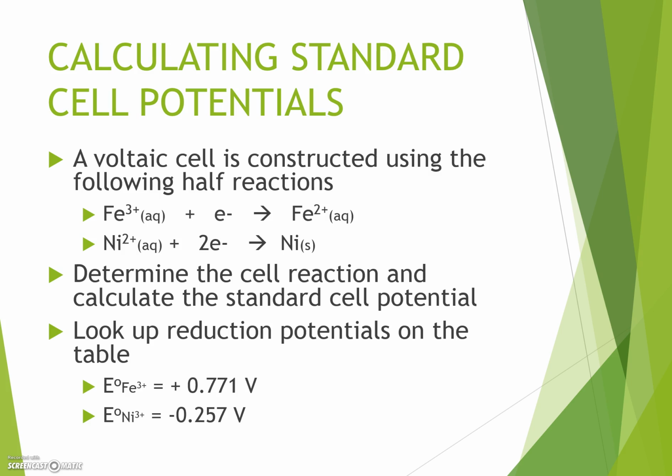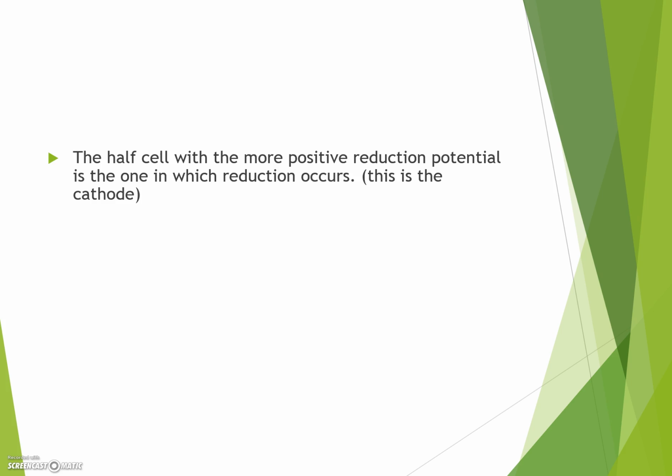So the standard reduction potential value for iron 3 ions to iron 2 ions is positive 0.771, and the standard reduction potential for nickel ions going to nickel atoms is negative 0.257. So what we're going to do next is decide which one of those half reactions is the reduction and which one's the oxidation.